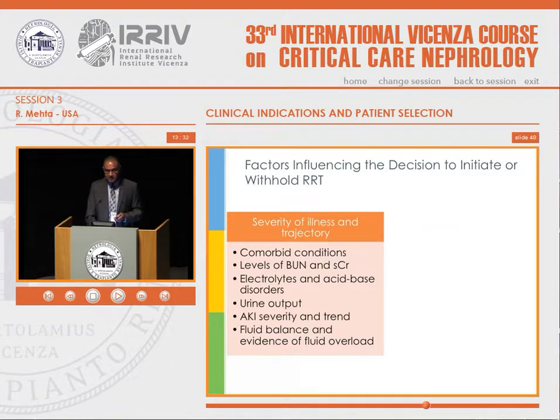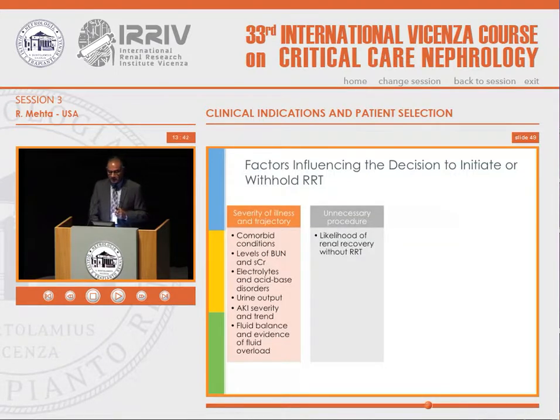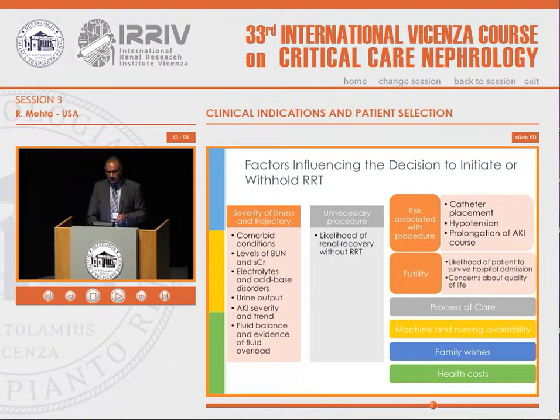And these processes stem from a variety of different components. You can see here they're based upon both patient characteristics in terms of the severity of illness and the trajectory based upon these parameters. It is also based upon us always weighing in balance whether or not dialysis would be unnecessary, because you want to avoid the potential complications of placing a vascular access and subjecting somebody to dialysis itself. In addition to that, we are influenced significantly by the risk associated with the procedure and also whether or not the patient will actually benefit from it in terms of utility.